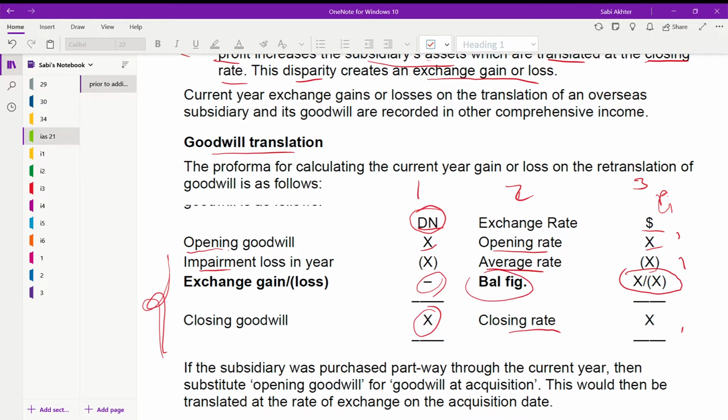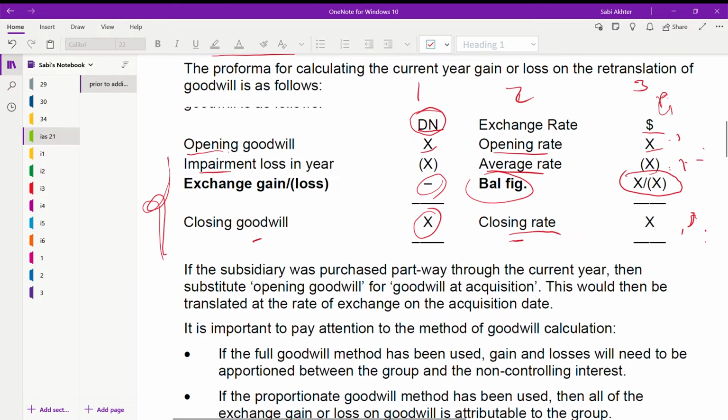Why? Because when you deduct the impairment from the opening goodwill, the balance is something else, and when you convert the closing goodwill at the closing rate, the balance is something else. The difference between these two is the balancing figure, the exchange gain or loss.